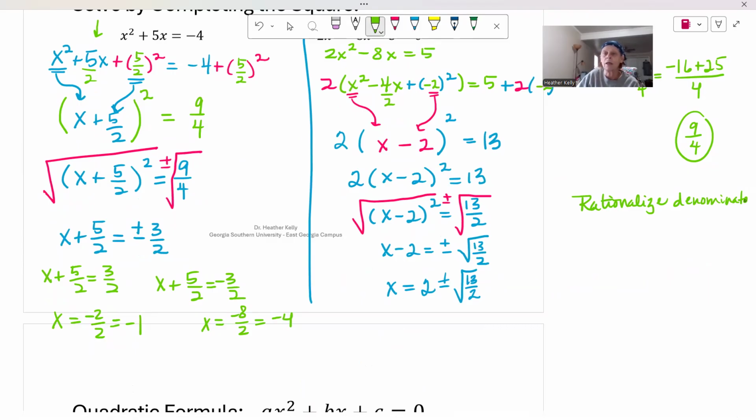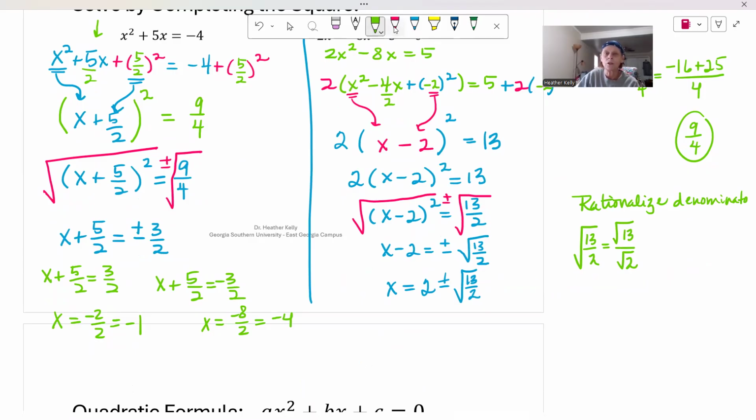So we have to rationalize the denominator here. What we have is the square root of 13 over 2, which breaks down to the square root of 13 over the square root of 2. Now we have to get rid of the square root on the bottom.